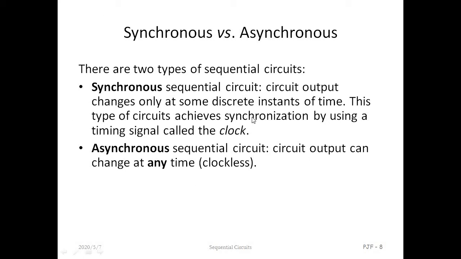The answer is very simple: to use the synchronous sequential counter and the flip-flop. That's why we use the synchronous sequential circuit. What are the limitations? Here the clock pulse of the synchronous sequential circuit is connected to the next flip-flop. So when one flip-flop is affected, definitely the next flip-flop will be affected due to small changes in the clock signal. This is the basic limitation of the synchronous sequential circuit.